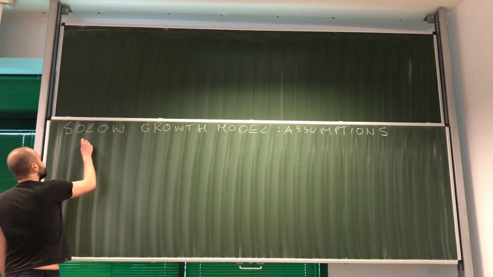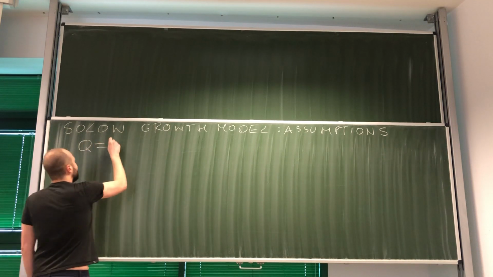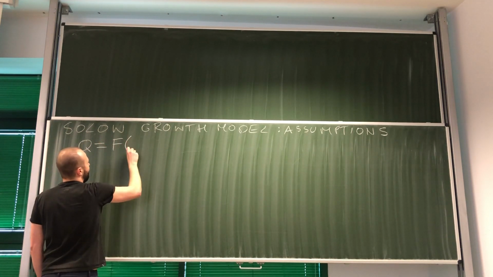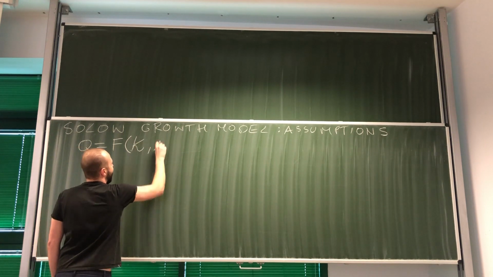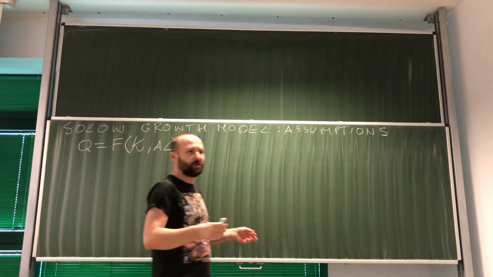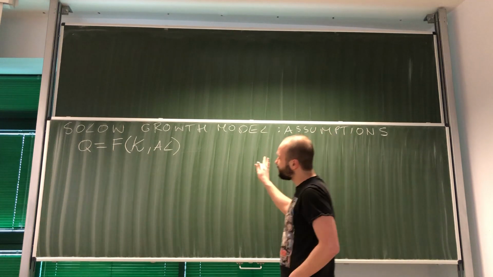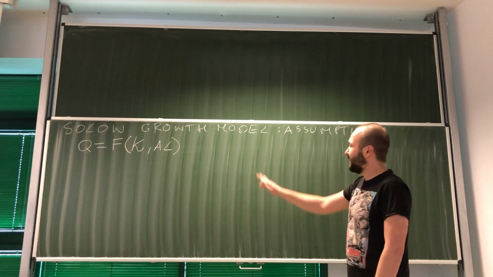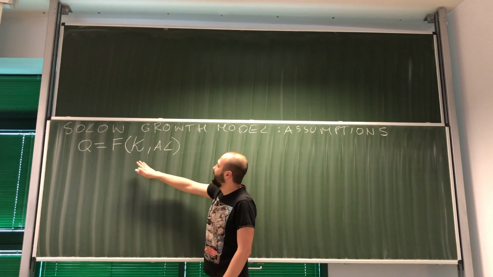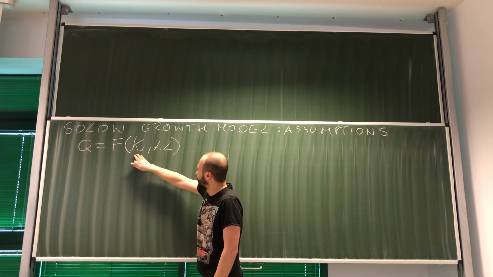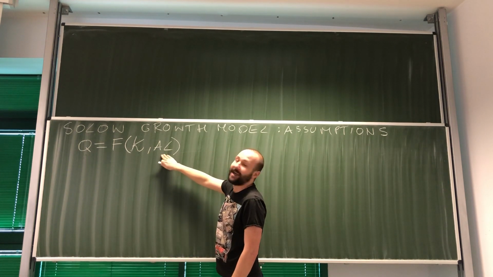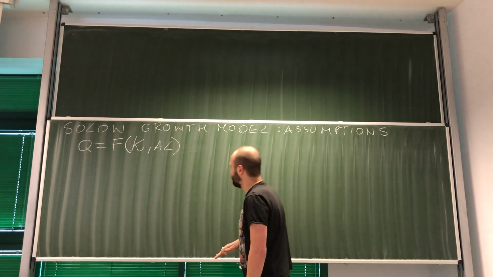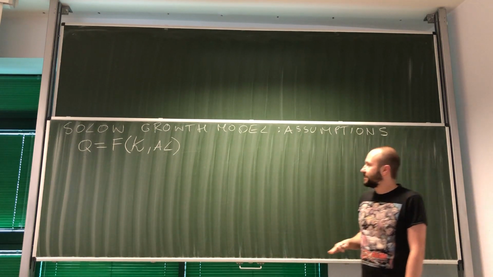And look, our production function is going to be Q equals F of K, A, L. Now, this is a little bit different production function than you are usually used to. But of course, Q denotes the level of output, and the level of output is defined as a function of capital and AL. What is AL? Well, L, of course, is labor.